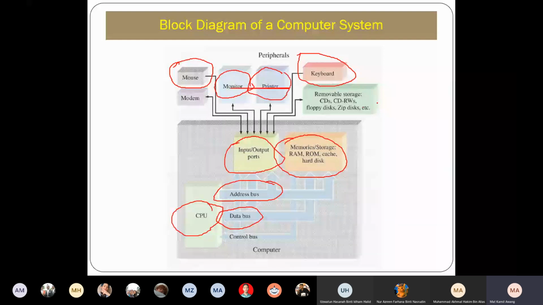Also you have storage, which is both an input and output, to read and write external data into the computer. And also you have the modem, which is for communication. So this is the block diagram of a computer. Any question on this?